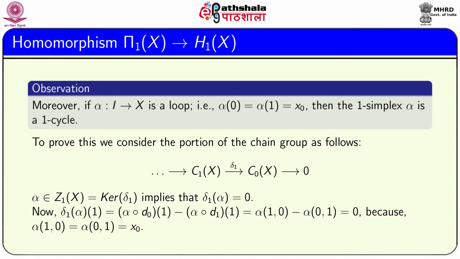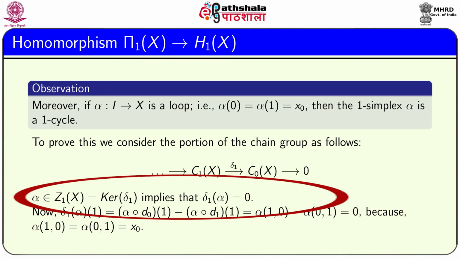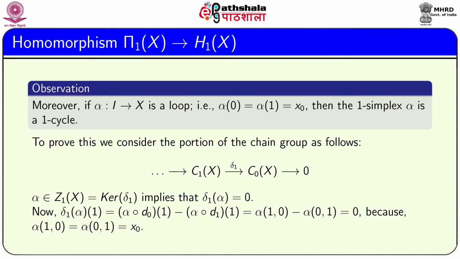To prove this, we consider the portion of the chain complex as follows. The boundary homomorphism delta 1 is in between C1(X) and C0(X), and if I take alpha from Z1(X), where Z1(X) means the kernel of the homomorphism delta 1, and so alpha belongs to Z1(X) implies that delta 1 alpha is equal to 0.